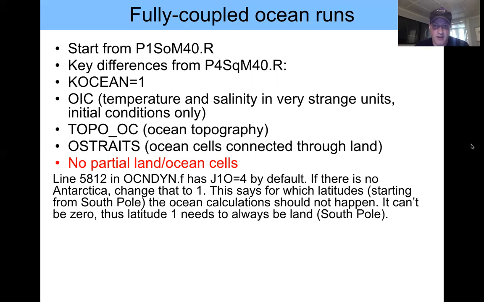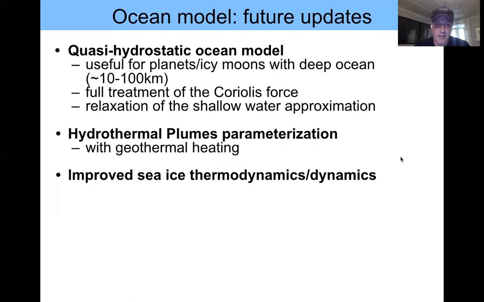If you can skip to the next slide, Mike. One of the things that Mike also described is that soon we're going to be able to run deep ocean. So the current version of the ocean model is what we call a hydrostatic model.